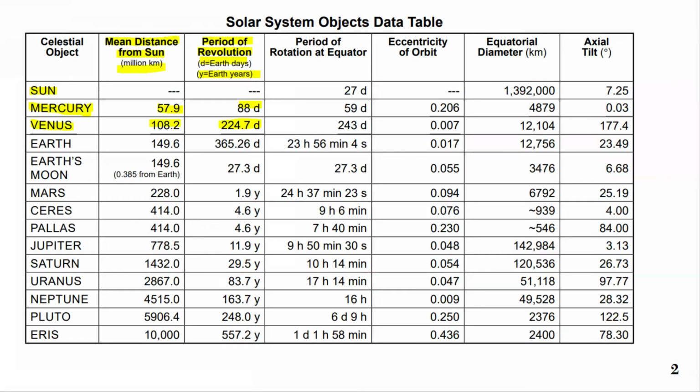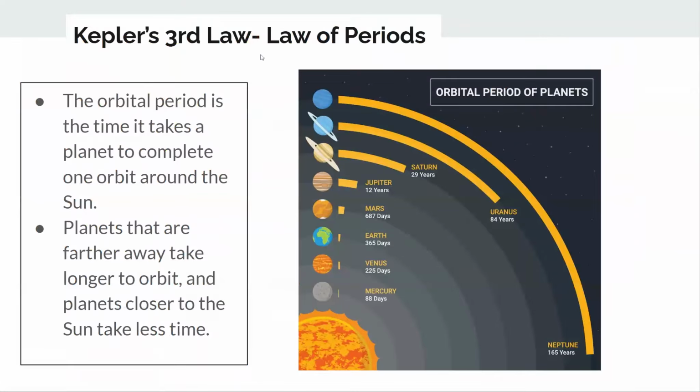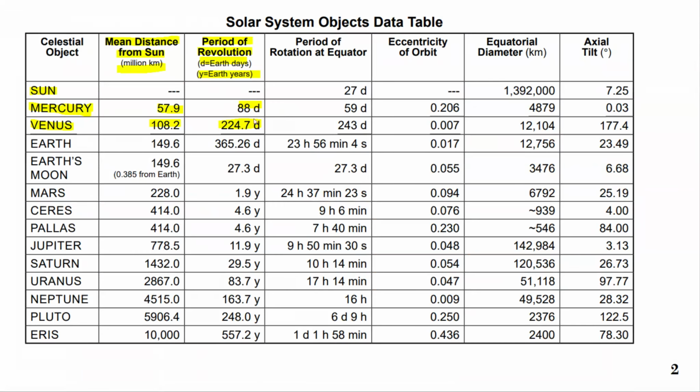I'm going to look at my reference table again. I've already highlighted the pages before on where to find the stars, the sun, or planets. And I see that it also gives me some information on the distance of Mercury and Venus here and the period of revolution here, how long it takes to orbit the sun. If I forgot Kepler's third law, this gives me some information.